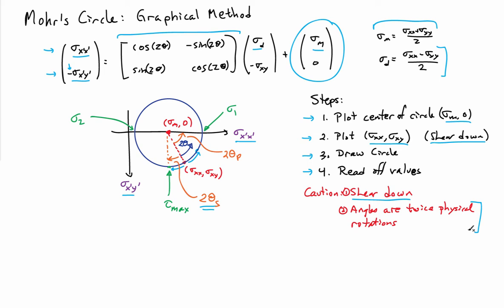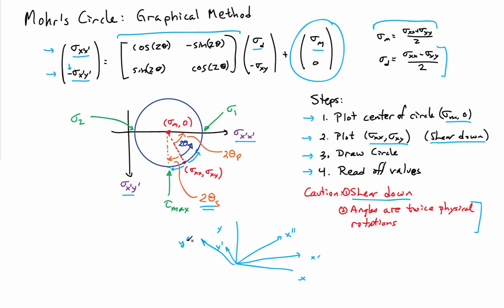It also gives you in a single visual all the possible combinations of normal and shear stress on any given coordinate plane. So if you start with xy, and now I decide to pick x prime, y prime, it's easy to see what the possibilities are. Or if I decide to rotate to another x prime, let's say x double prime, y double prime, it's also easy to see what's going to happen in the system just simply by looking at the circle.